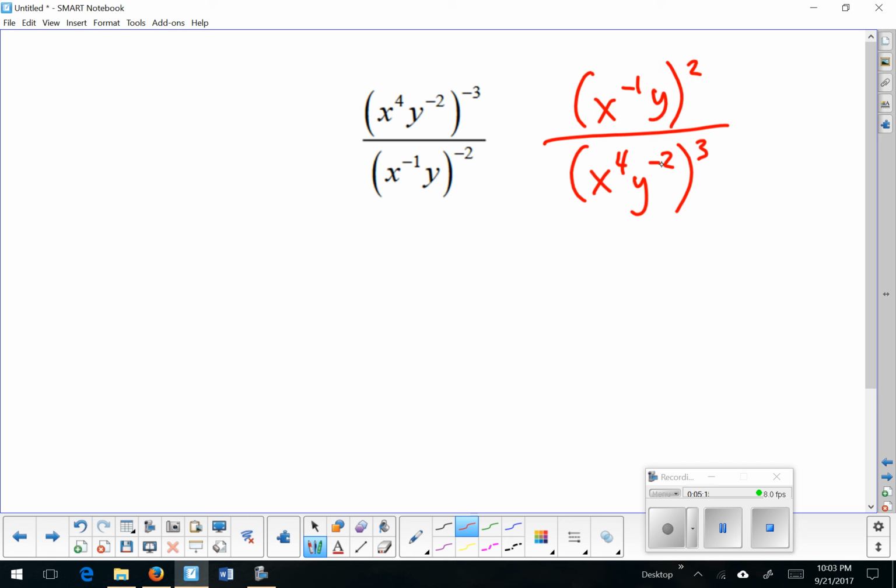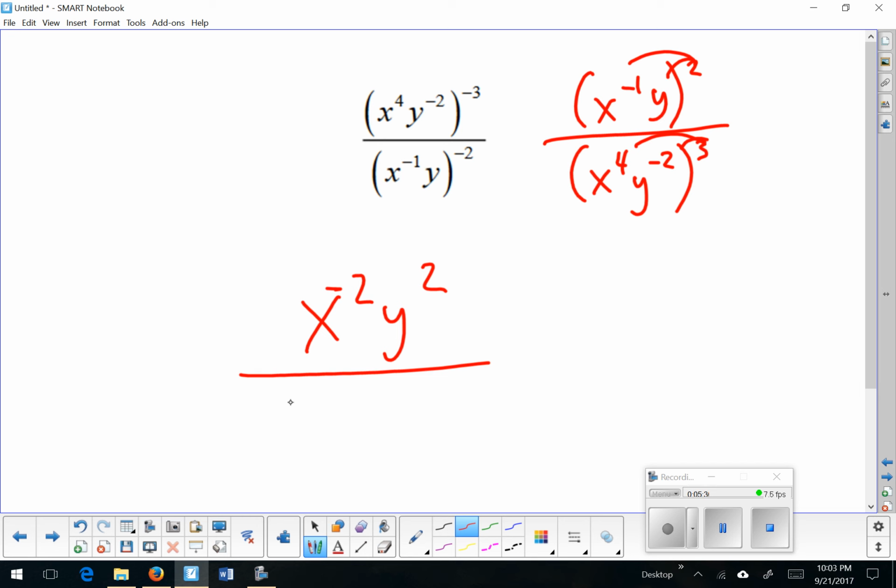Now before I go flipping and changing these negative powers, since they're inside a group, I want to get rid of these parentheses first, because I only want to flip the terms that have negative powers. So I'm going to distribute my power here, and I'm going to get x to the negative 2 over y squared.